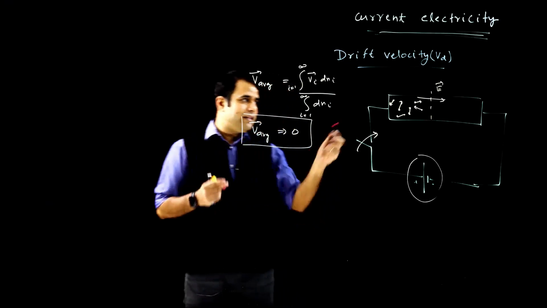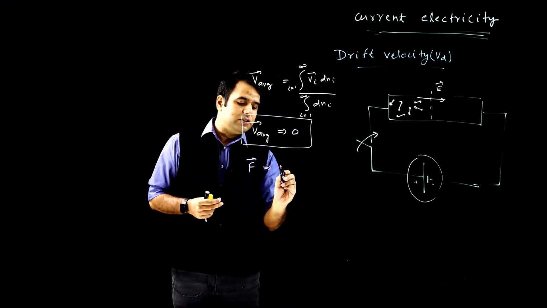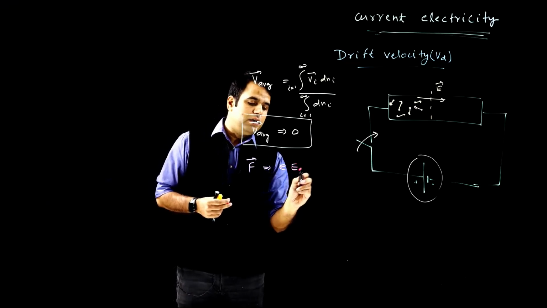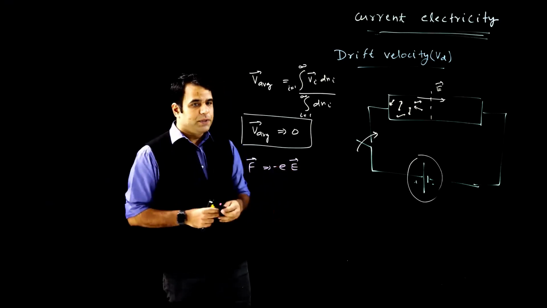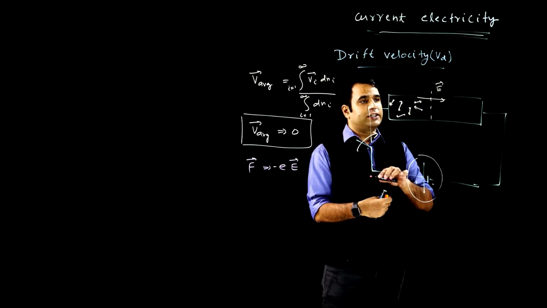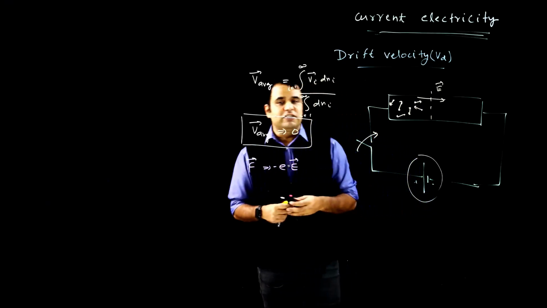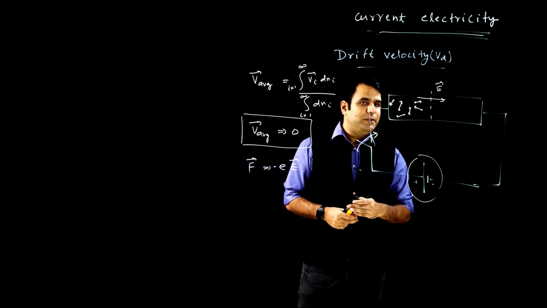The force experienced by these electrons will be equal to negative eE, because the force experienced by a negatively charged particle will be opposite to the direction of the electric field. So it will be equal to minus eE. That much force each and every electron will experience.